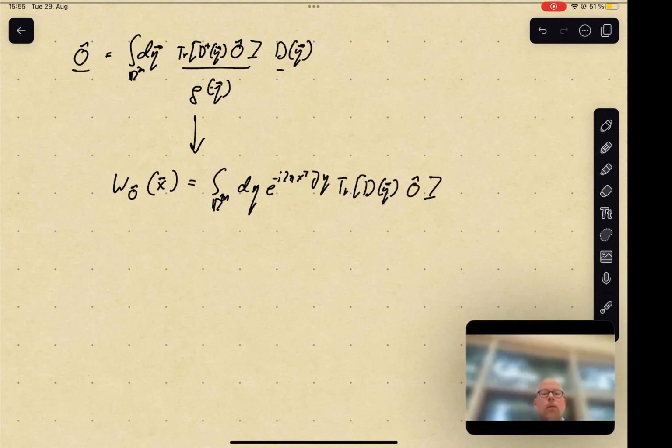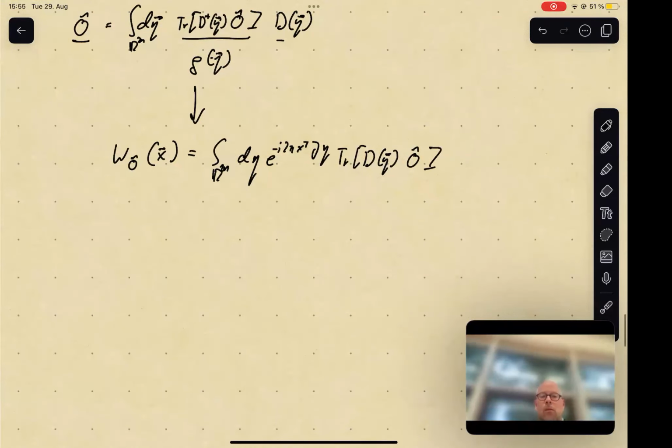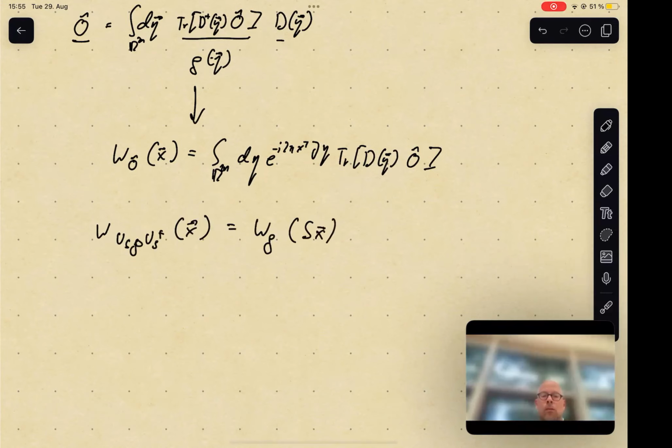The Wigner function is quite neat because it has a very simple relationship with the displacement operators and rotations that we've seen earlier. What you can show is that if you have the Wigner function of U rho U dagger, so some state rho to which you apply a transformation S, at x, this is the same as the Wigner function of the state with S applied to the index x.